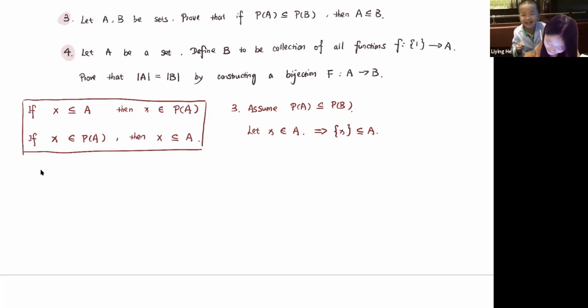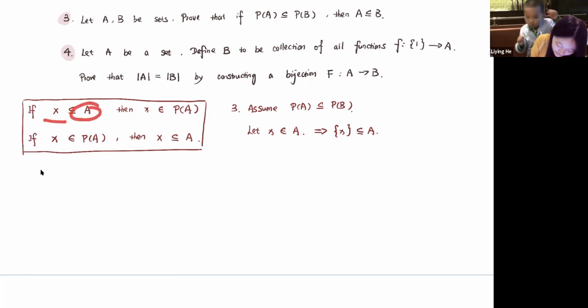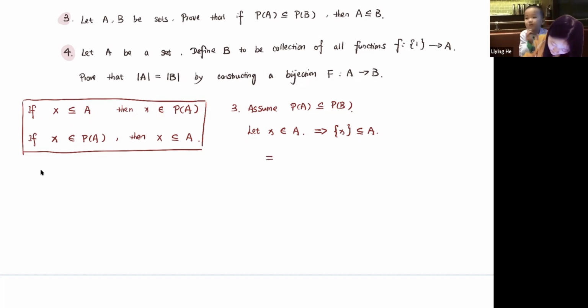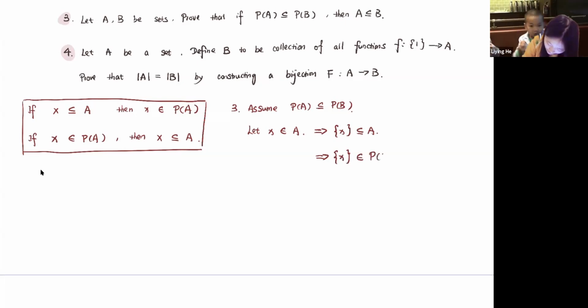Since this is a subset of A, remember if X is a subset of A, then this is an element of the power set of A. So this will give us this, the set of X is an element of the power set of A. This is by definition of power set.